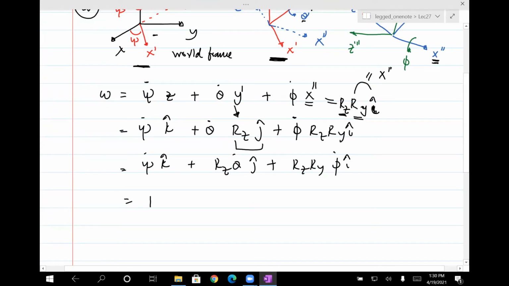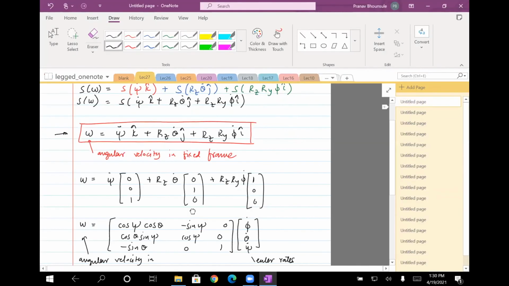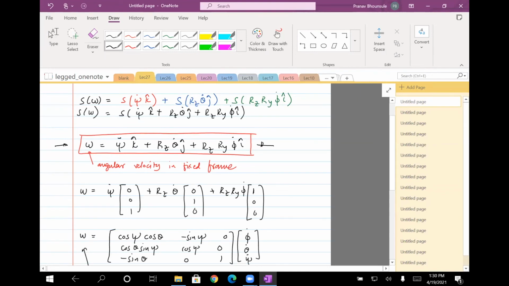Yeah, it's basically the same formula as derived earlier. So we can go and check this. RZ theta dot and RZ RY phi dot. If you go back and check here, it's the same formula, which is obtained by doing this lengthy calculation. So this is perhaps a simpler way of deriving the formula without actually doing all that math.